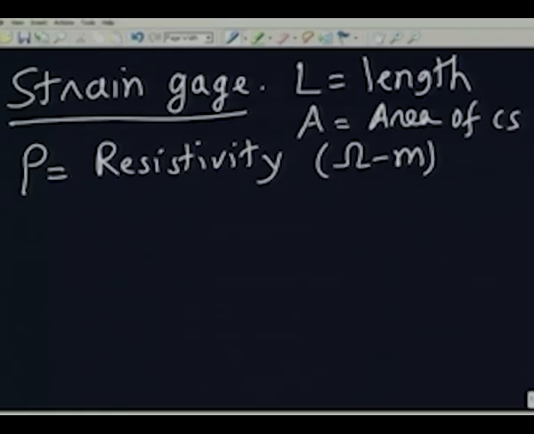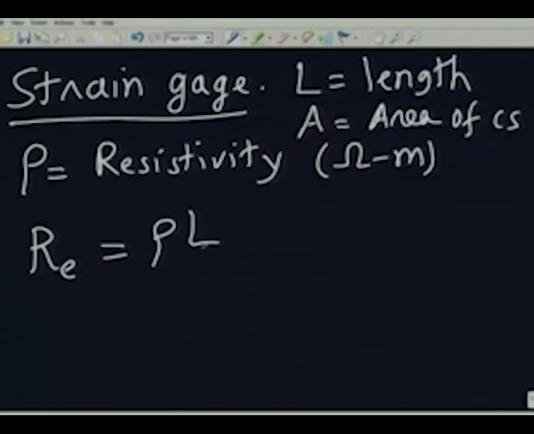So, I can write for the resistance R, if I want to indicate that is electrical resistance, because R was also used for the radius of the cylinder, I will just call it electrical resistance Re, is given by rho into L by A. This is a familiar expression which we know from our elementary electricity.